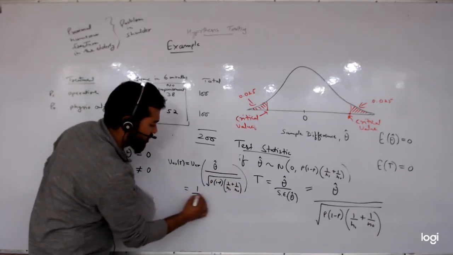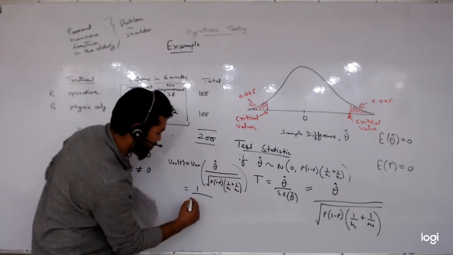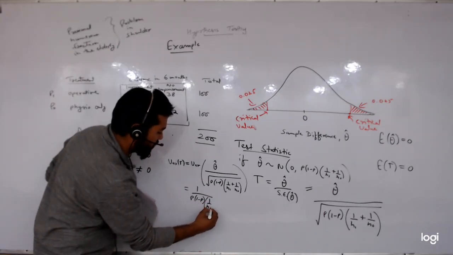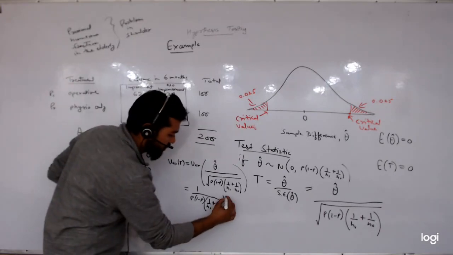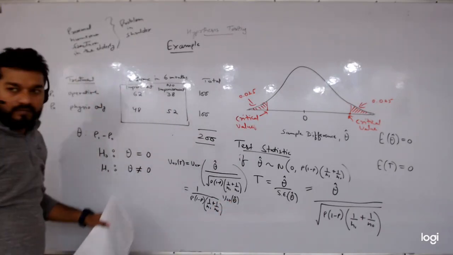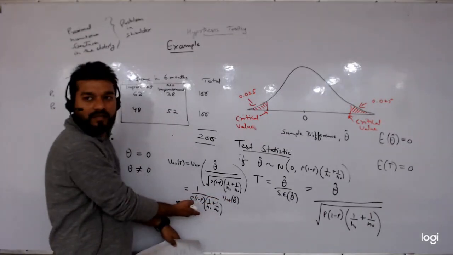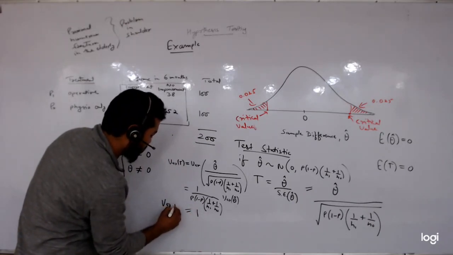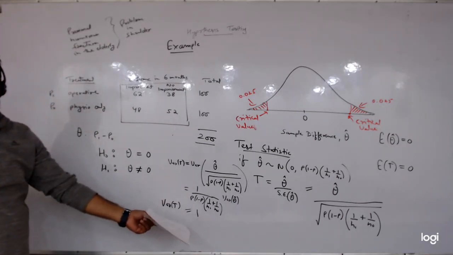This is going to come out and it should be squared. So we have p into 1 minus p times 1 by n1 plus 1 by n naught, and then the variance of, okay, what is the variance of this? This is this itself. So the variance of our test statistic is 1.